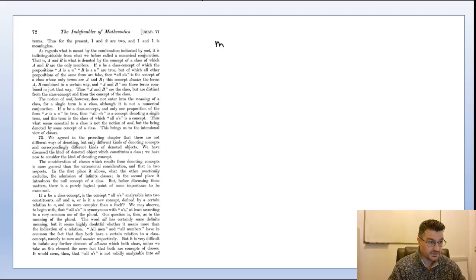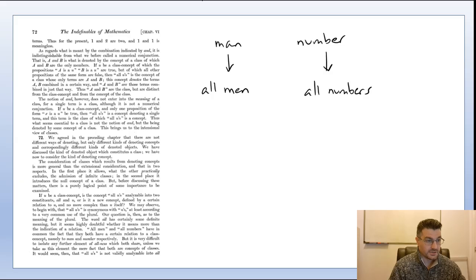Okay, so we have man and number, these are the class concepts, and then we've got all men and all numbers. So these are the concepts of the class.